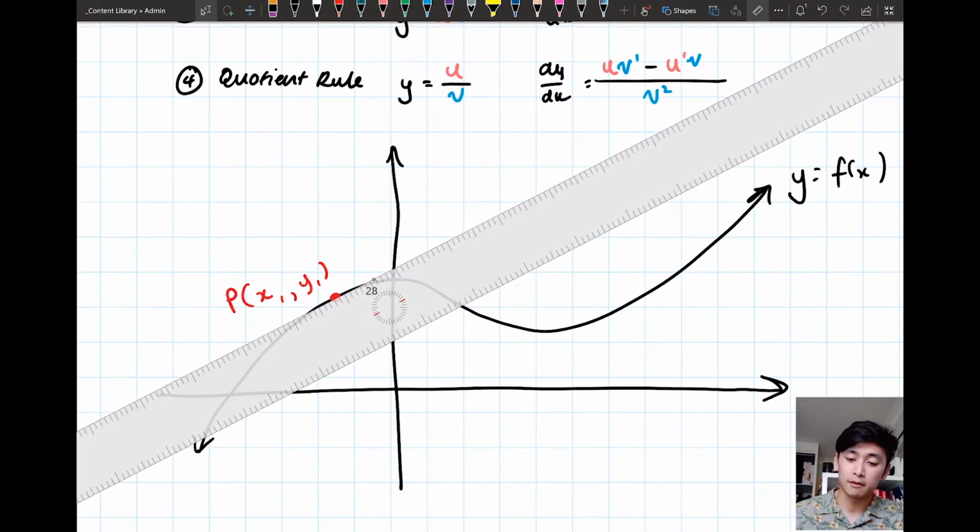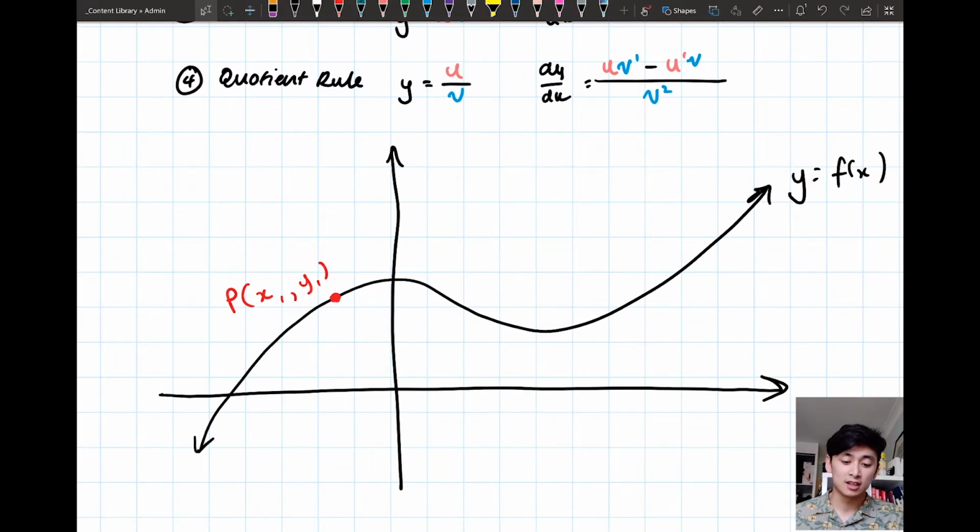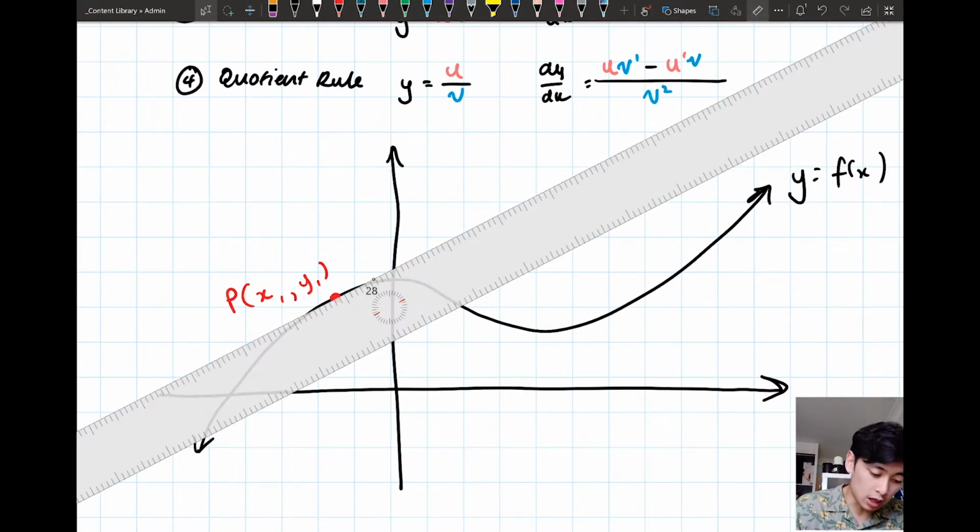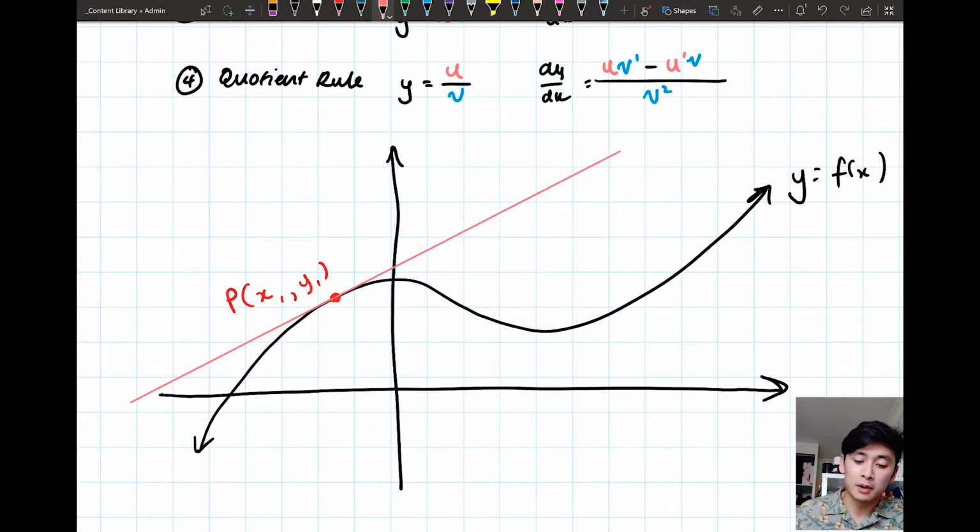Here, on my function f of x, the black line, we've designated a specific point, x1, y1. The tangent is the line which touches the function at that one point and goes away from it and doesn't touch it ever again. So it's a tangent at that particular point. This is my tangent.